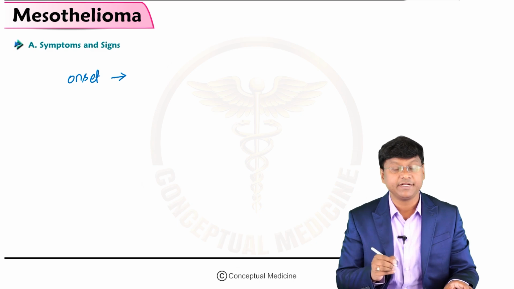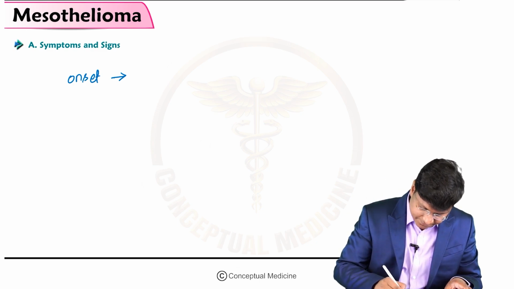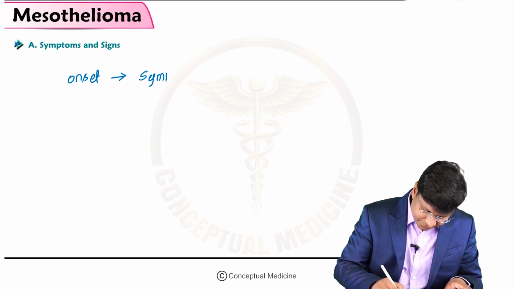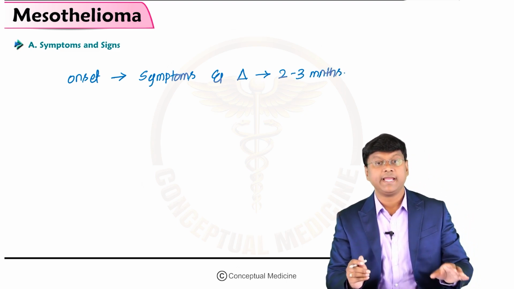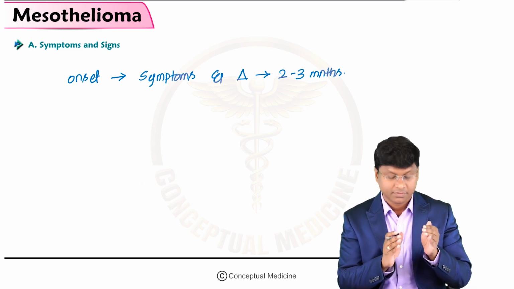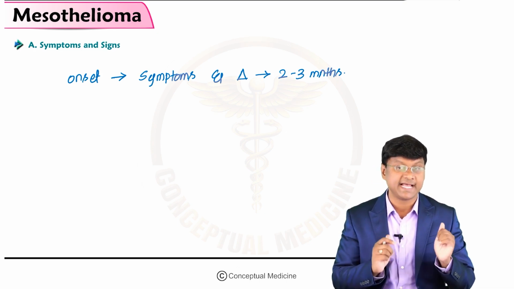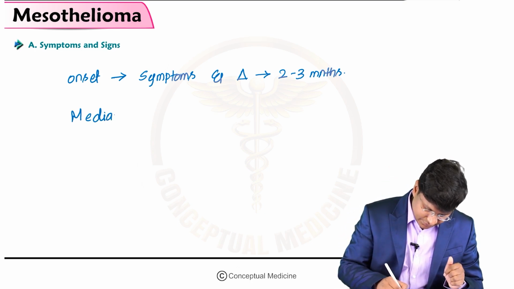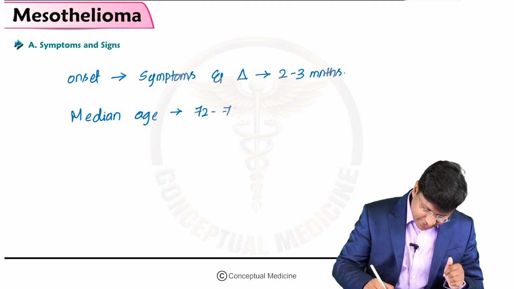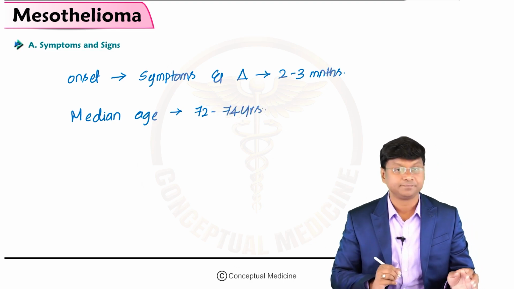And the median age at which you will diagnose mesothelioma is around 72 to 74 years.